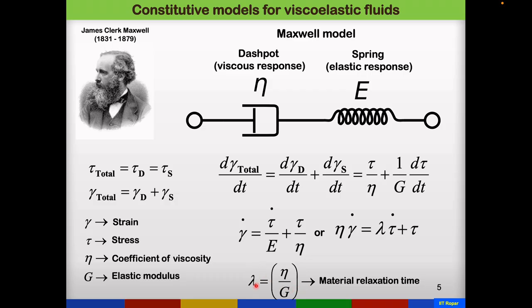Lambda tells you how long that fluid will take to adjust to that deformation. You can easily determine this value experimentally. There are many techniques available in the literature by which you can determine the value of lambda. So this is one time scale that is very important if you want to study the flow dynamics of viscoelastic fluid.